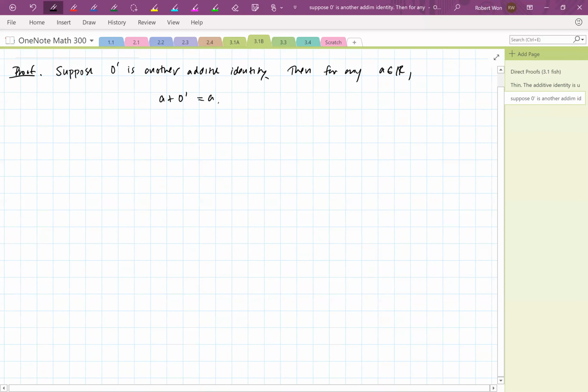That's just the definition of being the additive identity. I'm just trying to remind the reader. All right, so now let's consider the sum 0 plus 0 prime. So I'm saying now consider this expression.